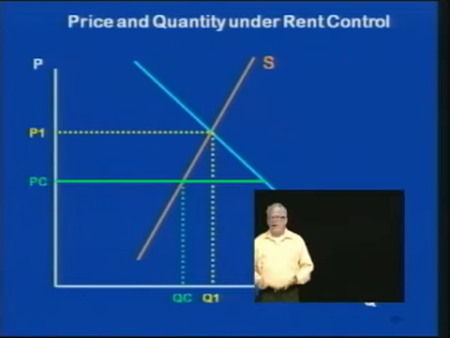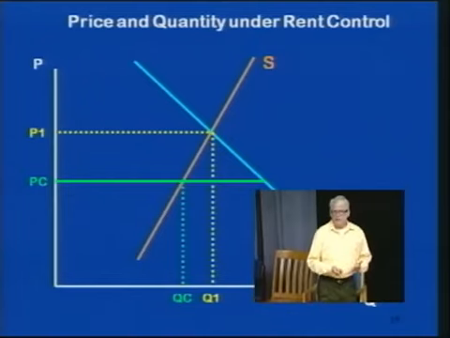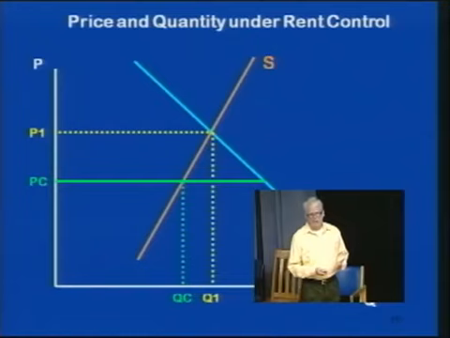Well, that on its face looks like an irrational allocation. The person who's willing to pay more should get the unit over the person who isn't willing to pay as much.